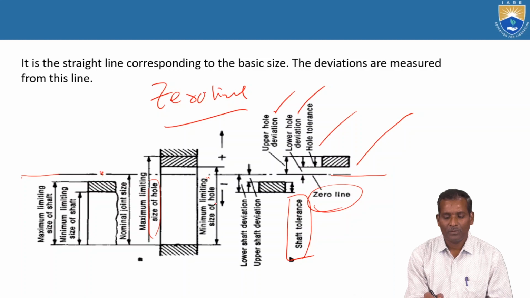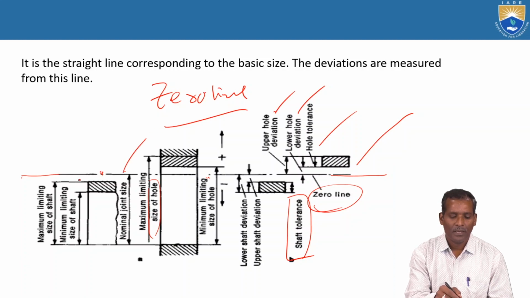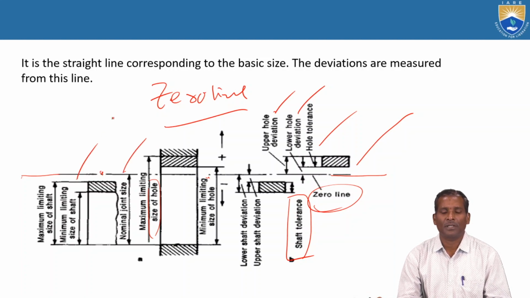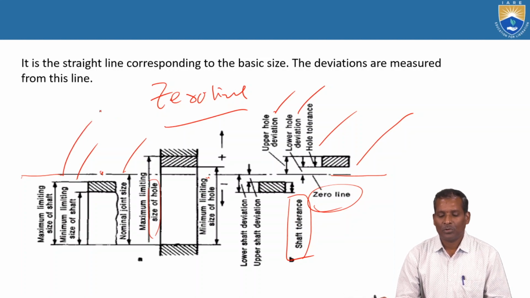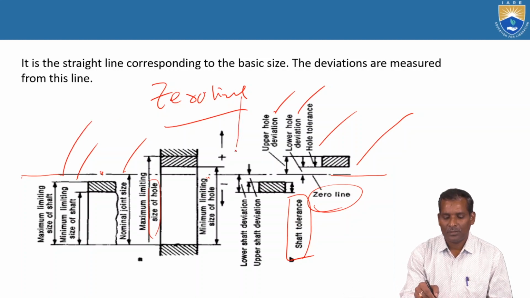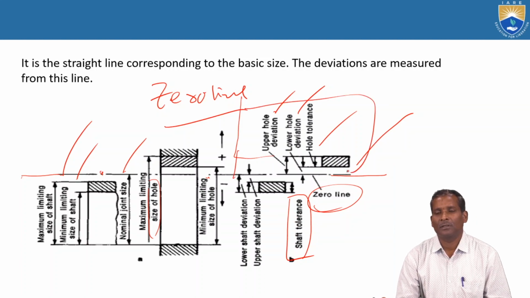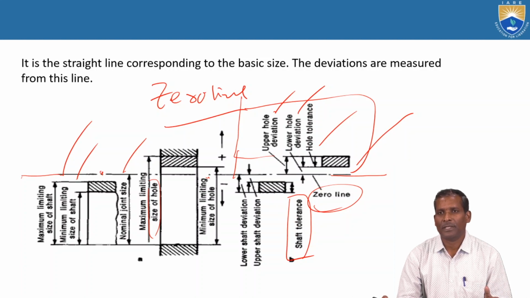Similarly here, the minimum size of the shaft is shown, and then the size of the shaft and nominal size, the minimum limiting size of the shaft, and the maximum limiting size of the shaft. The total you can show on this line above the zero line, so that the deviations are measured from the reference line.